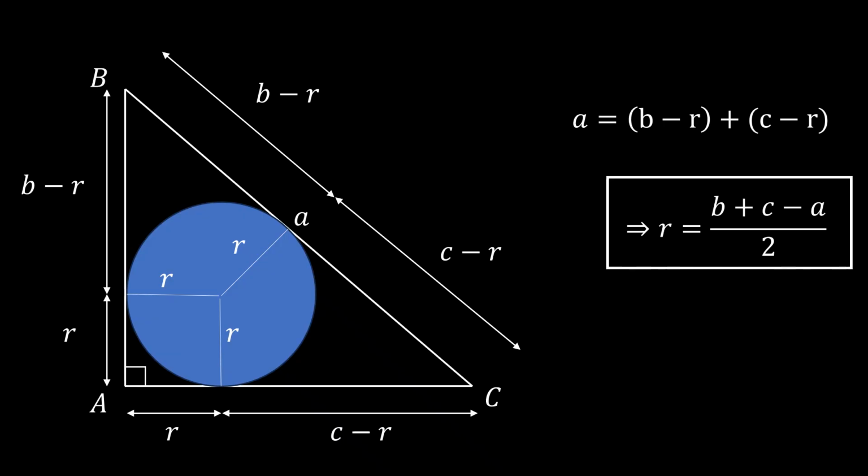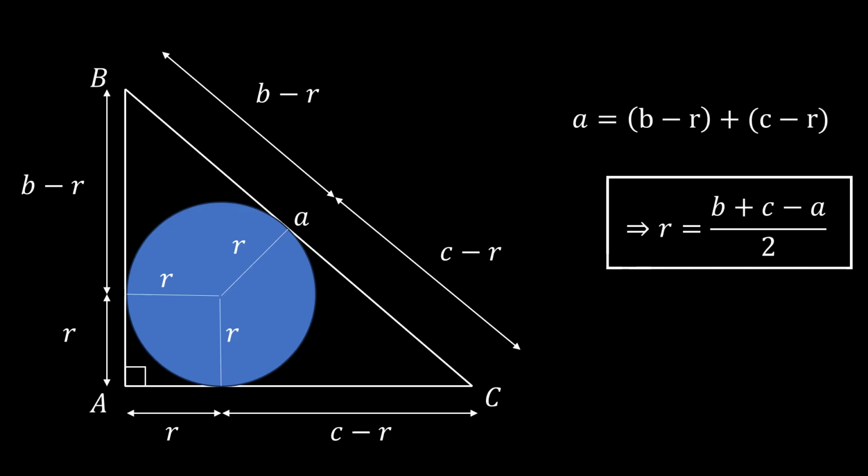The length of side A, which stretches from point B to point C, is composed of two segments, from point B to the point of tangency with the circle, which measures b minus r, and from that point of tangency to point C, which measures c minus r. Summing these two segments gives the equation A equals b minus r plus c minus r.